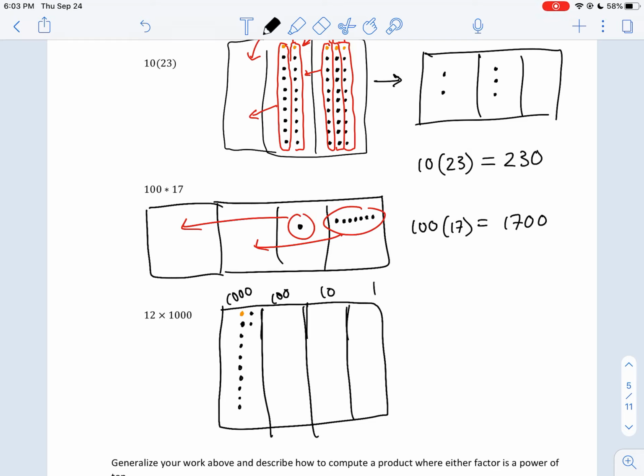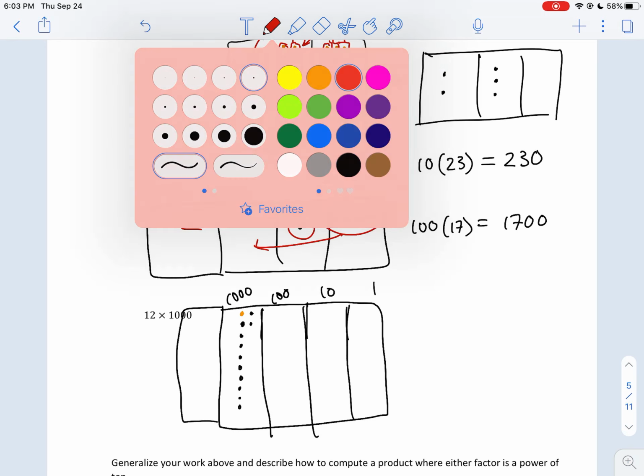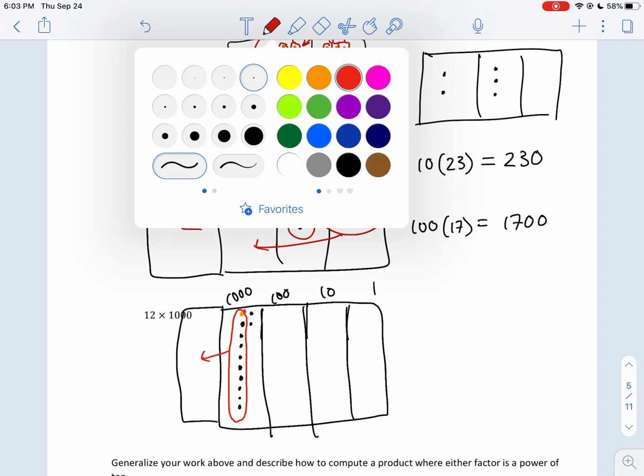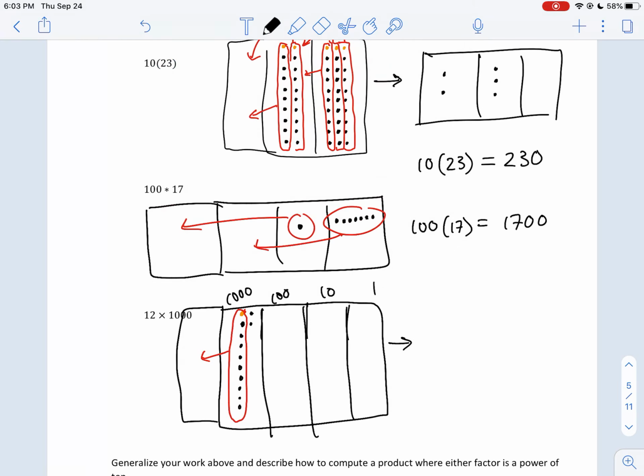Okay. So I started with 1,000 and I did 12 copies of that. Well, that just made 12 dots in the 1,000 portion of our table, and we need to group 10 of them. So I'll do the original dot, and the 9 below it will become a single dot in the next entry over. Right, so this will yield a result that has a table that has 5 place values.